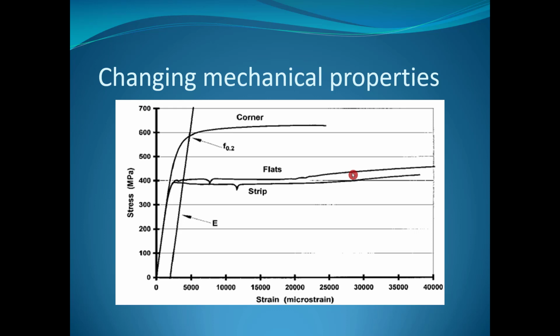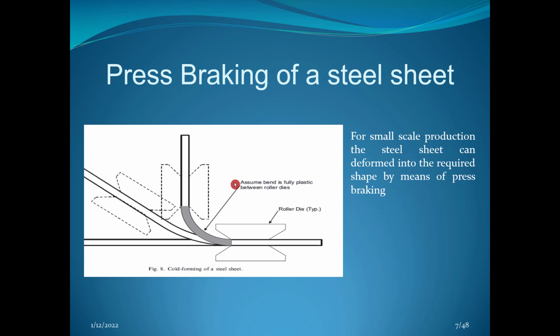An important thing to note is that the properties will change. Upon making the cold formed steel sections like this, the initial steel sheet has a different stress strain curve, as well as different yield stress and ultimate stress. But on folding the corner region, the formed members will have a different yield stress and ultimate stress.